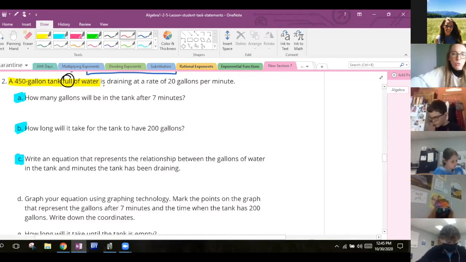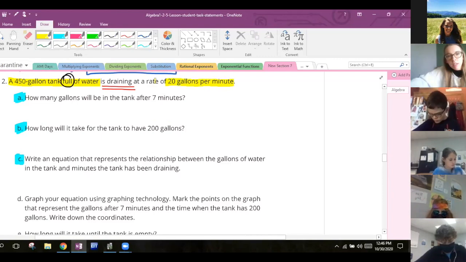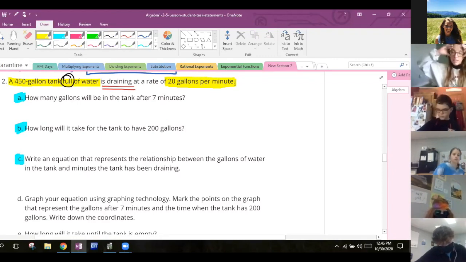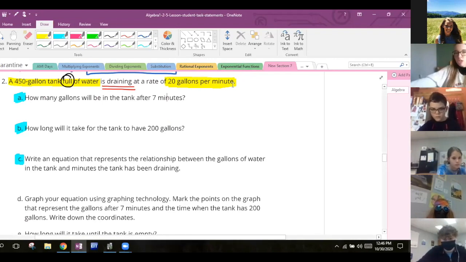And it is draining at a rate of 20 gallons per minute. Okay, I want you to imagine a big tank. That whole entire tank is full of water, and then something happens and it is now draining at a rate of 20 gallons per minute.